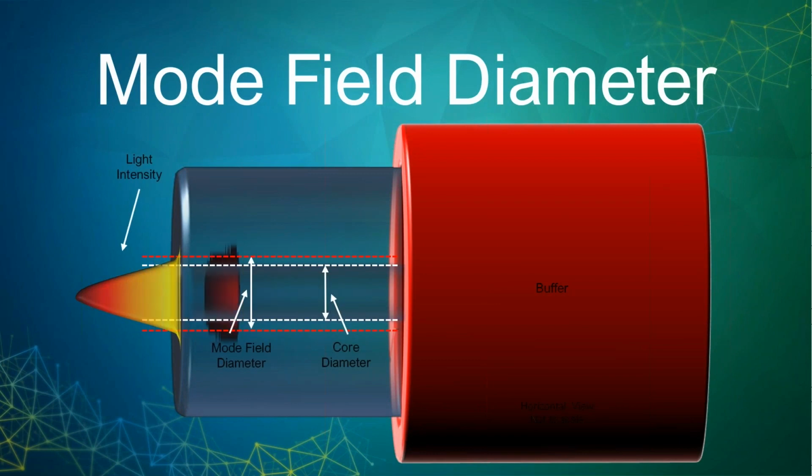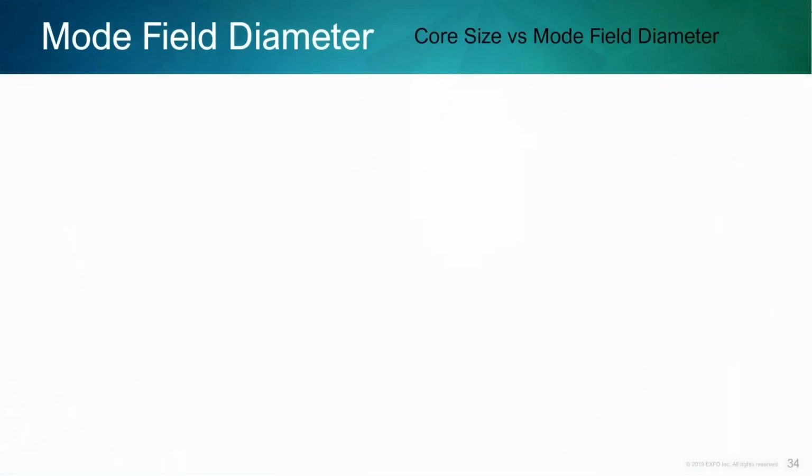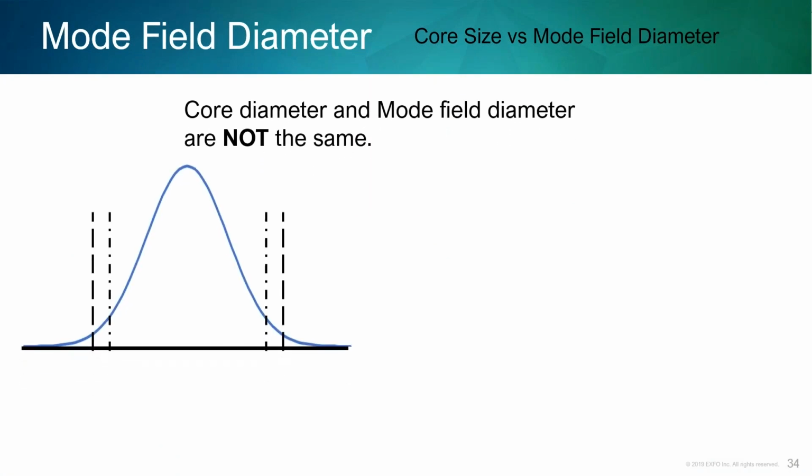One additional thing to understand is the difference between mode field diameter and core size. This is incredibly important. Mode field diameter is the section of the glass, being the cladding and the core, that the signal travels through. Because believe it or not, the signal can travel through a little bit of the cladding. And so this is where we get gainers and losers. You can get gainers and losers from core mismatch.